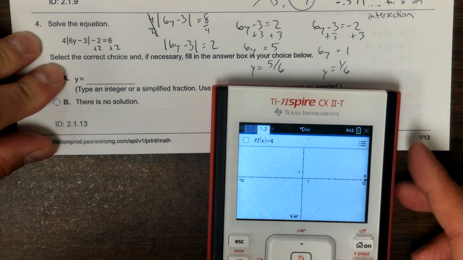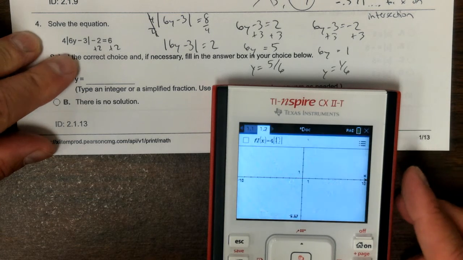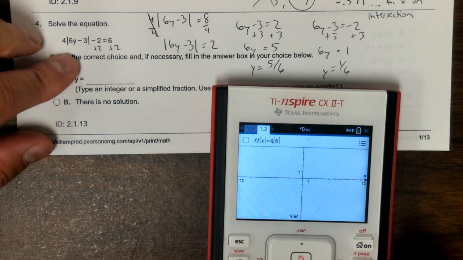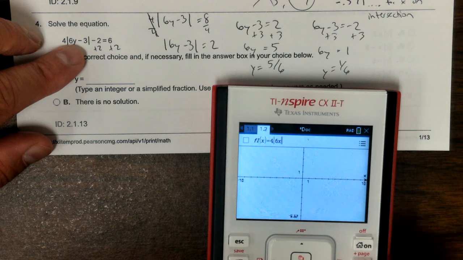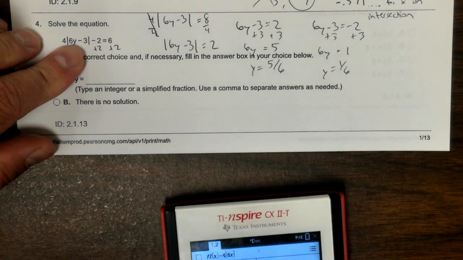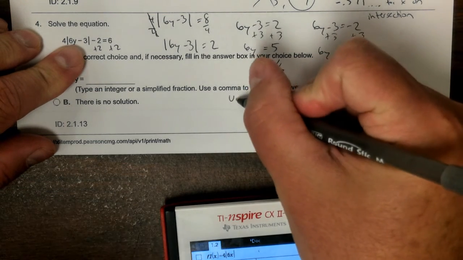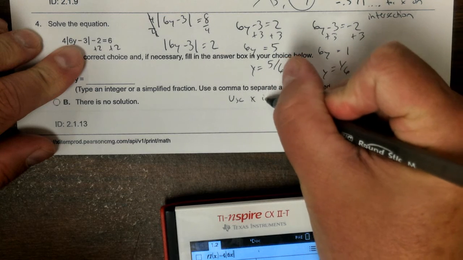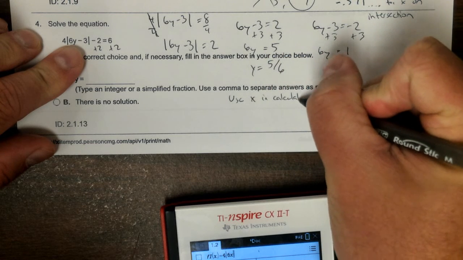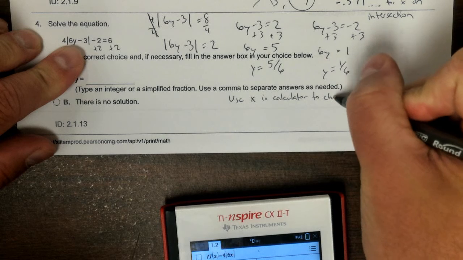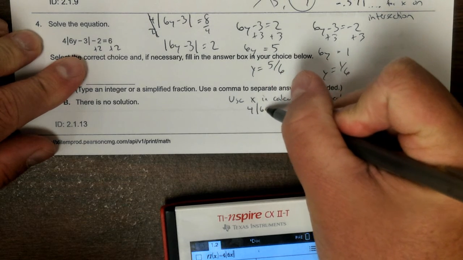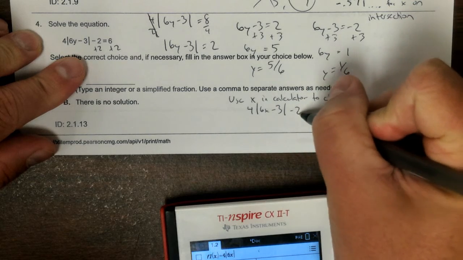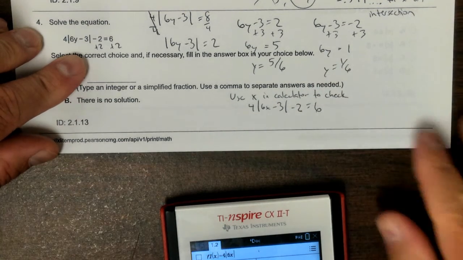Now in the calculator, I can't use y, I've got to use x. Use x in the calculator to check. So it's 4 absolute value, 6x minus 3 minus 2 equals 6.